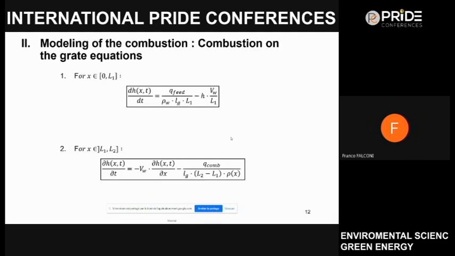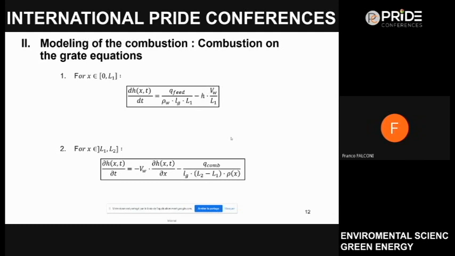So in order to model this, the first part of the grate will be modeled as a classical integrating system, which means that the change in the height of the waste bed will be due to the speed at which the waste bed leaves the first zone and the quantity of waste that we introduce into this waste bed, obviously.